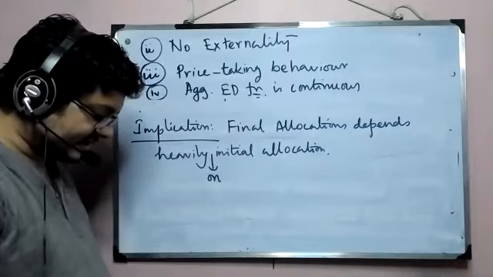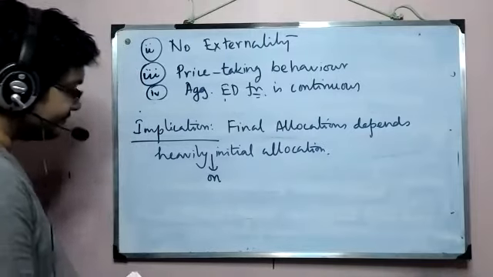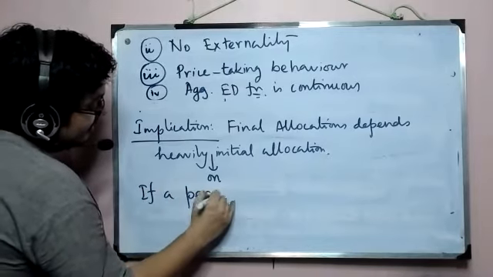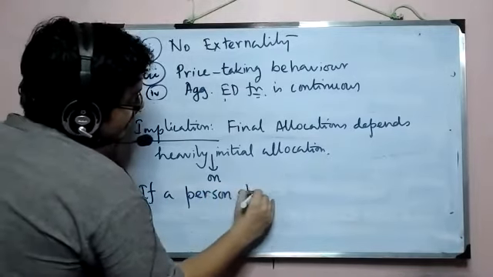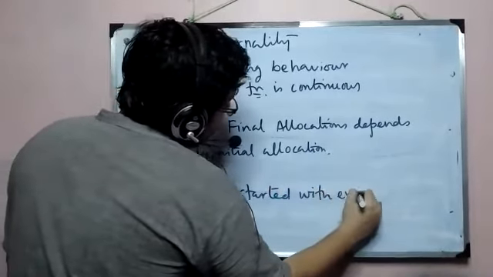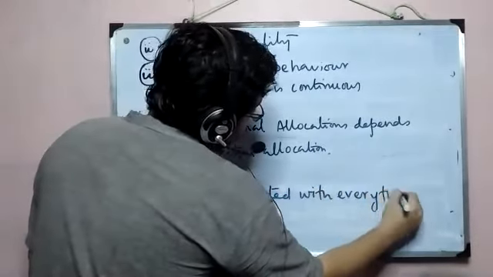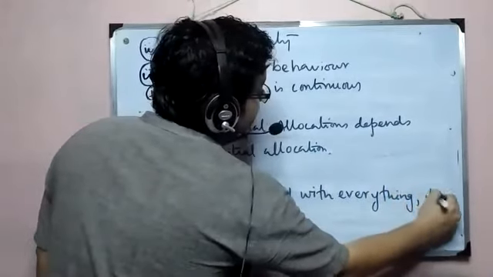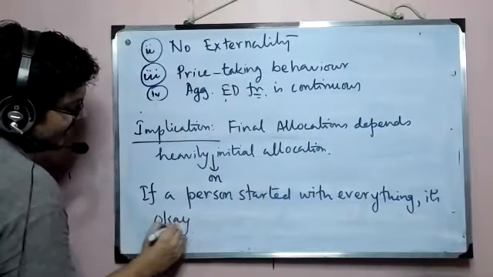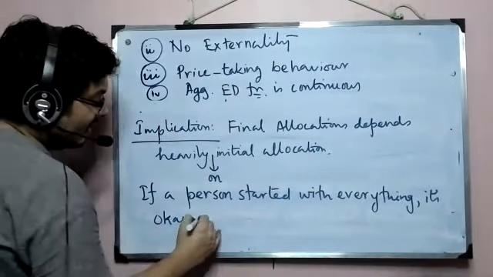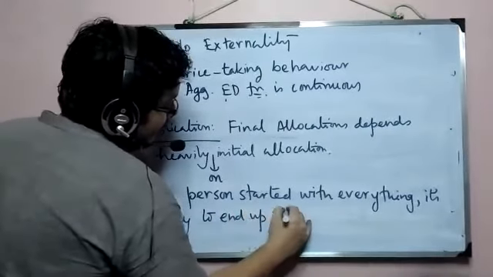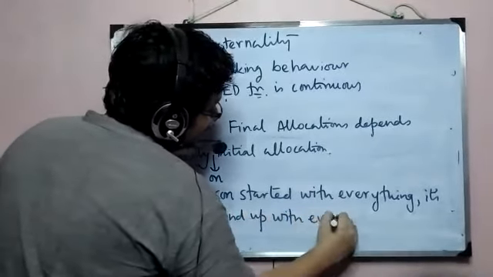It basically says that if a person started with everything, it's okay. So the formal sentence is there in the notes. Okay. So it's okay to end up with everything.